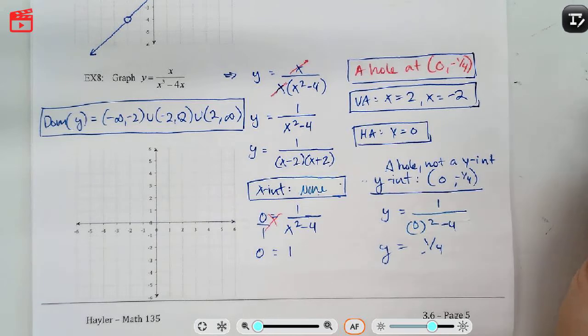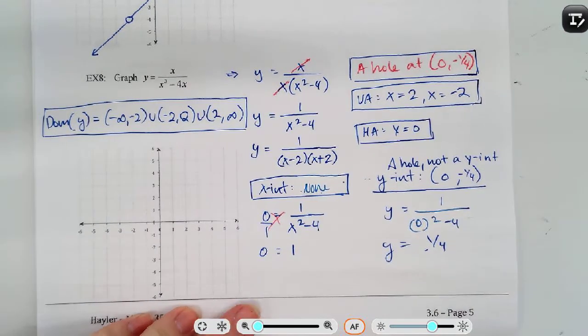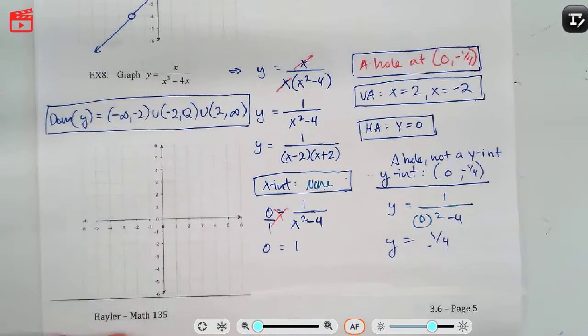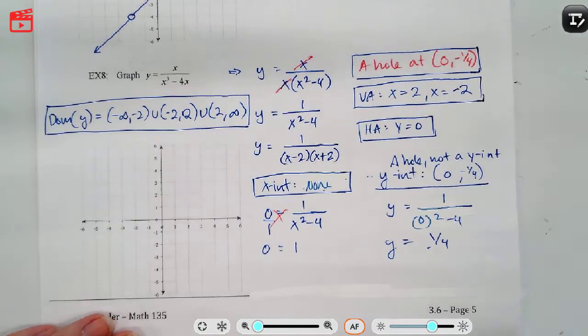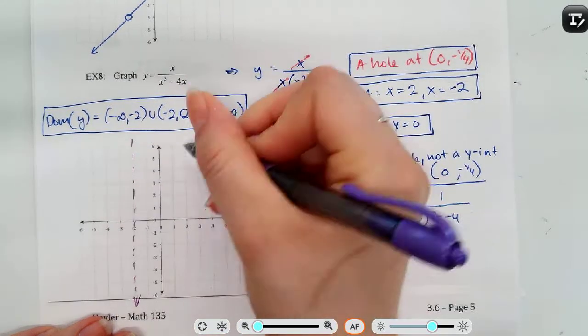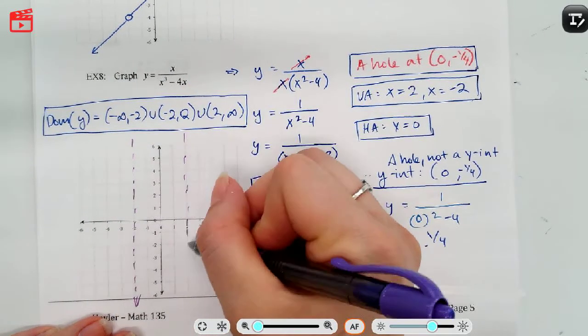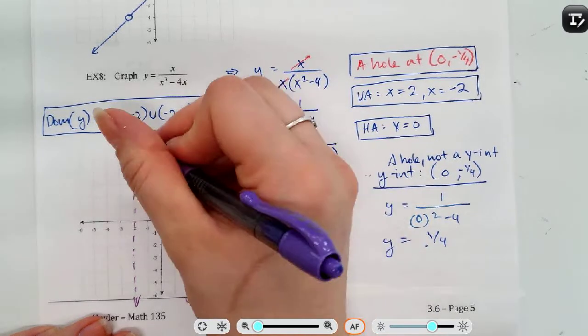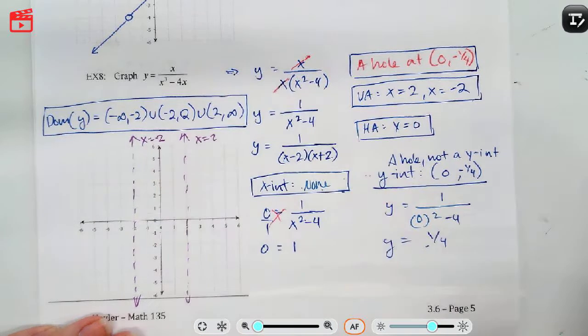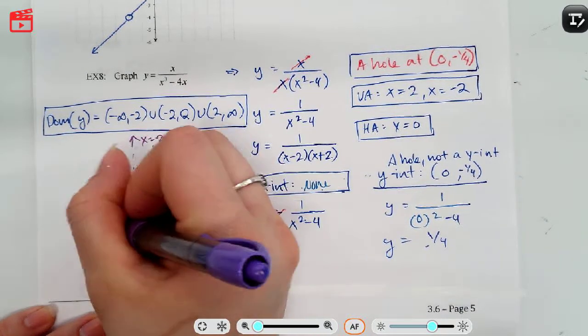All right, let's go ahead and graph these. Okay, graphing our vertical asymptotes at 2 and -2 and making sure to label them. And let's see, horizontal asymptote at y equals 0.